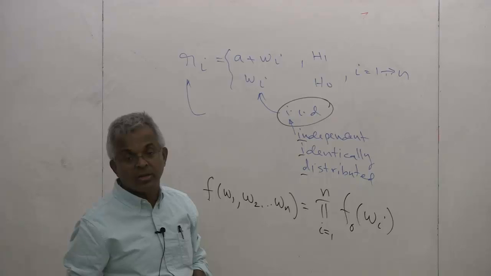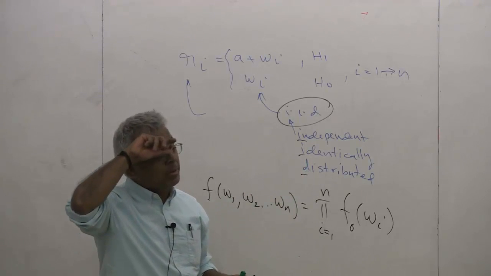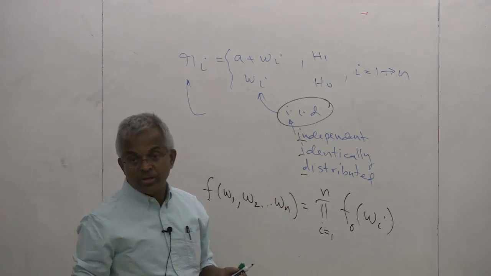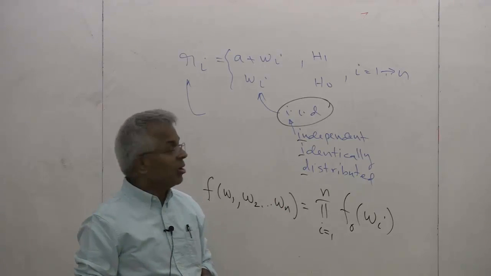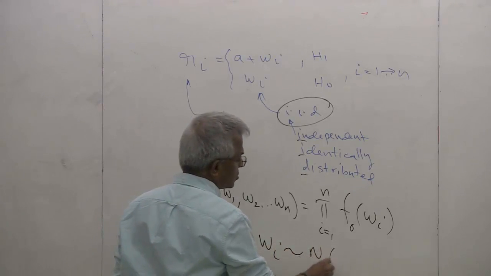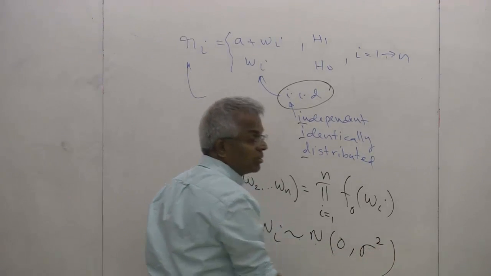Everything is Gaussian. Moreover, when I say identical, I also mean their parameters are the same. So if it is Gaussian with two parameters, mean and variance, I'm going to assume all the noise samples are Gaussian with zero mean and variance sigma squared.